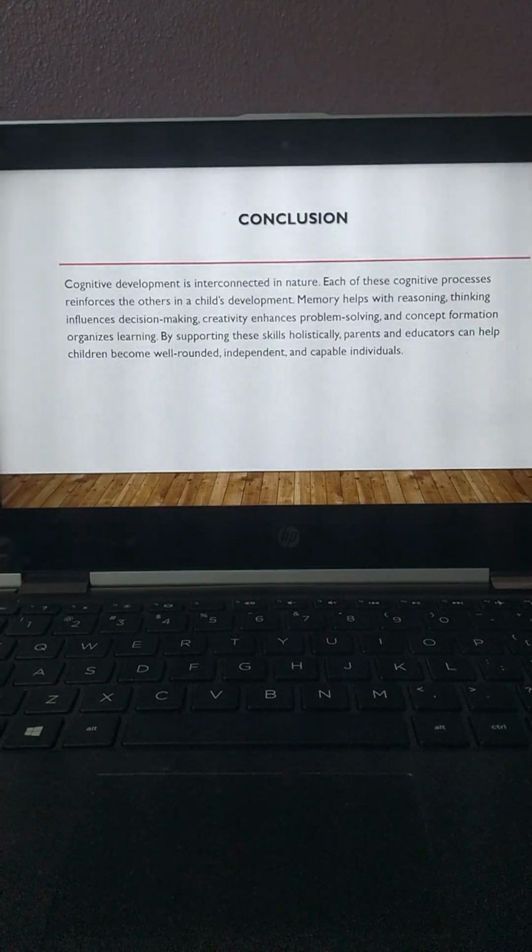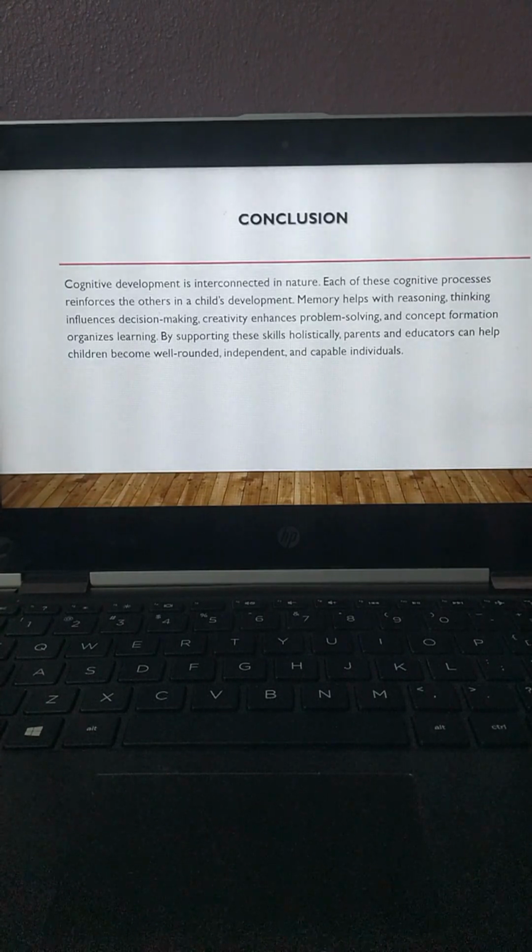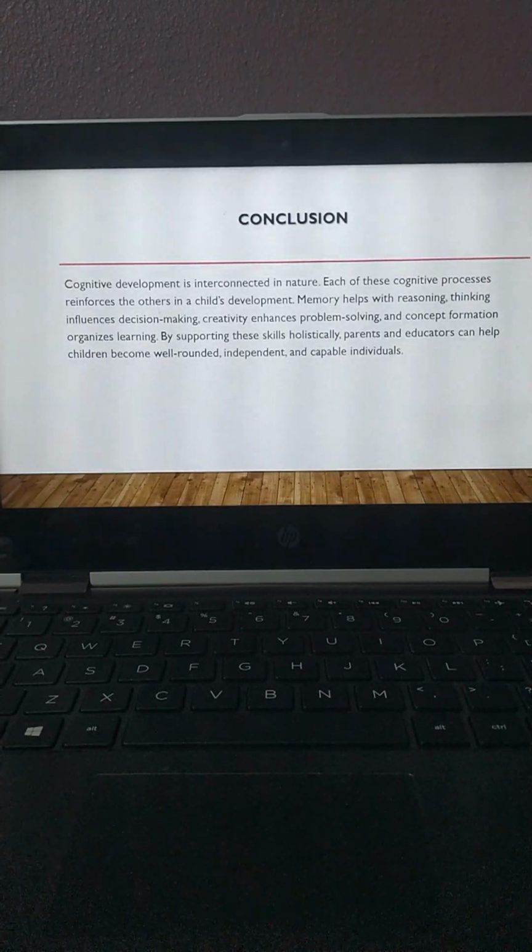One helps the other. Memory helps with reasoning, thinking, and it influences decision making. Creativity enhances problem solving, and concept formation organizes learning. By supporting these skills holistically, parents and educators can help children become well rounded, independent, and capable individuals.